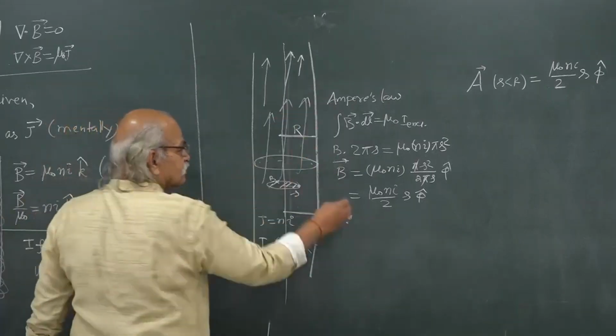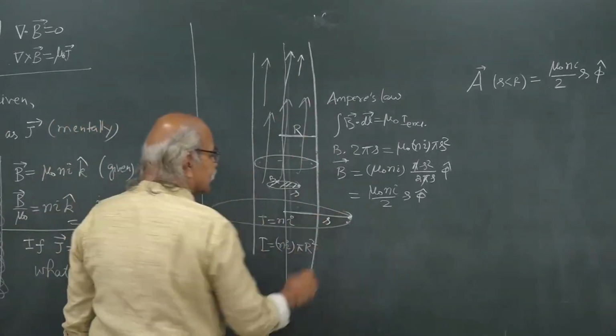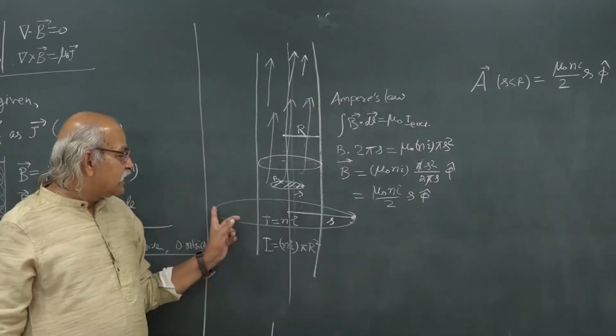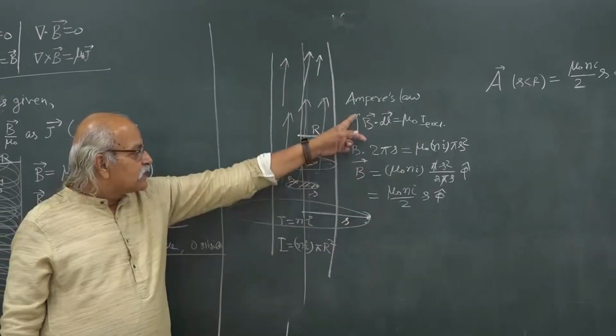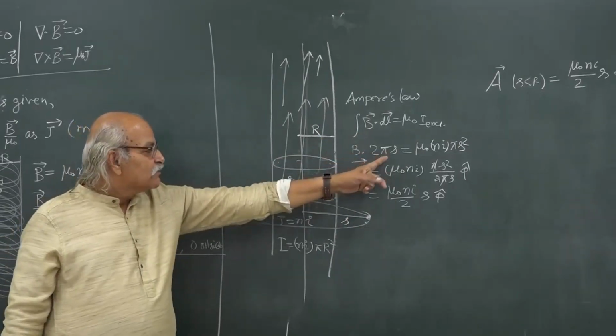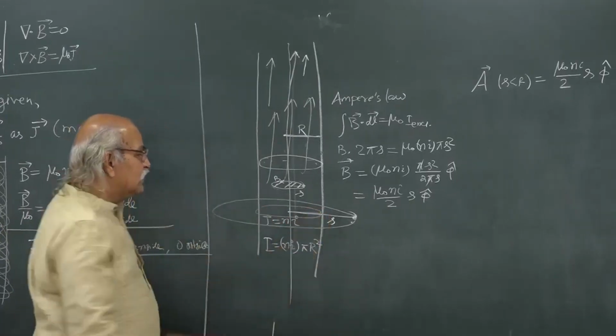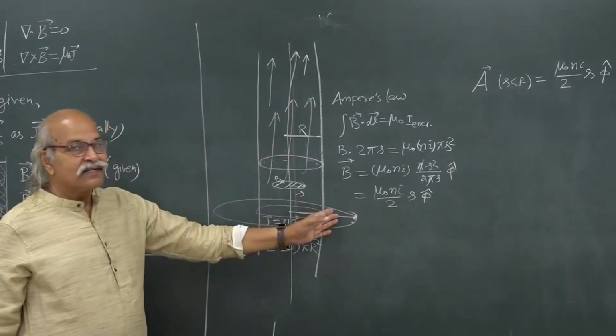So, you can just do this same exercise. This will be a circle on which you will be applying Ampere's law. This side you will get B into 2 pi s, but the enclosed current is only this much. Current is only here, there is no current here, there is no current here.